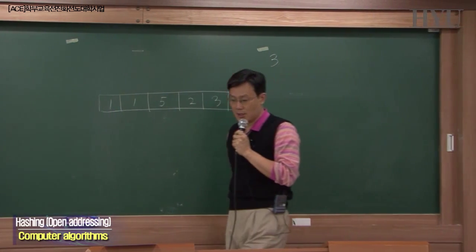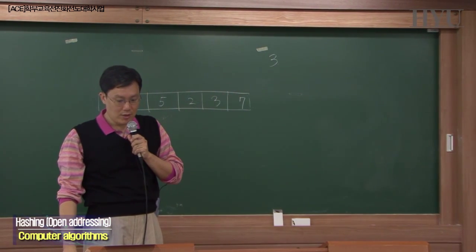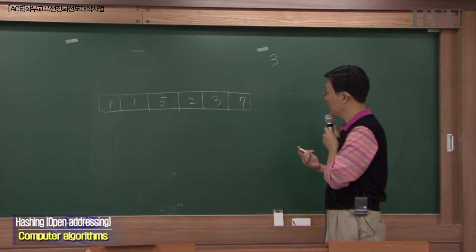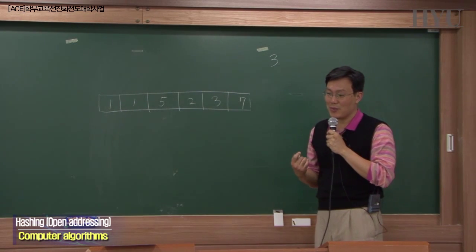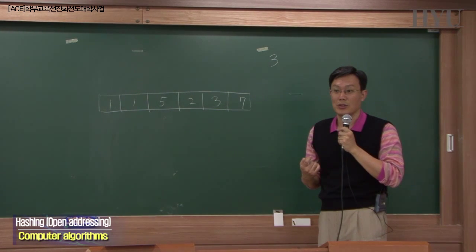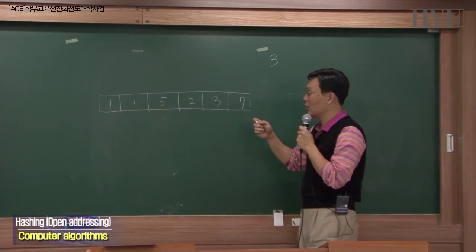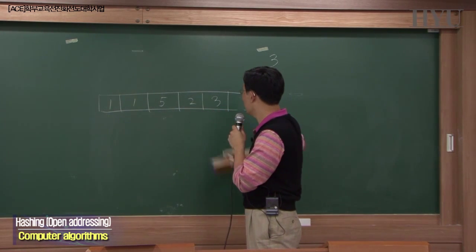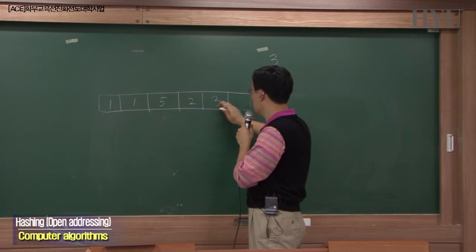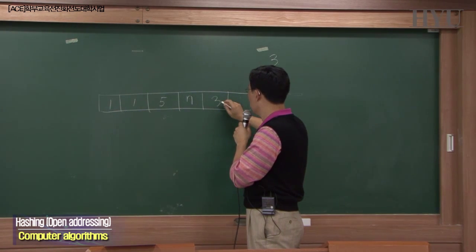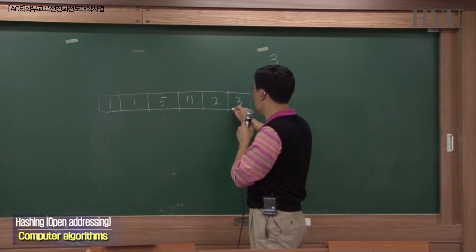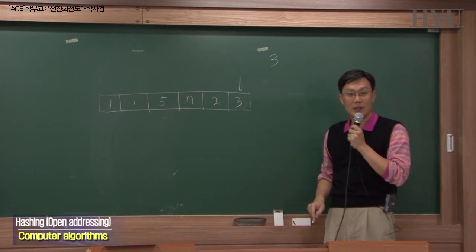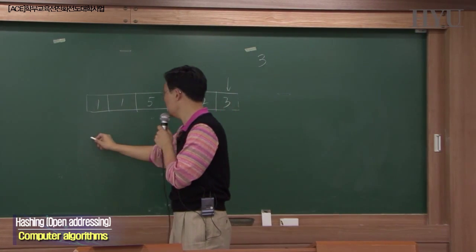Okay? Then we first run partition here. Assume that it is a randomized partition. So there are 2 cases. Let's change these 2 values. It's not 7. 7 is here, and 2 is here, and 3 is here. Okay? This becomes the pivot.